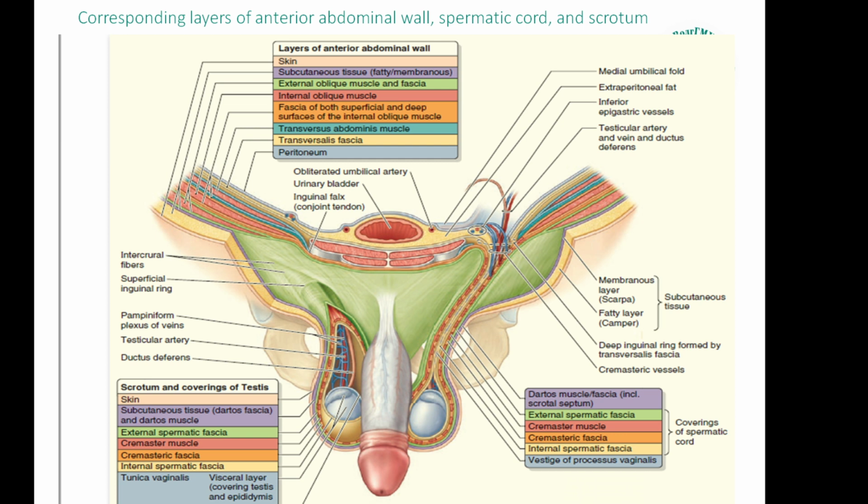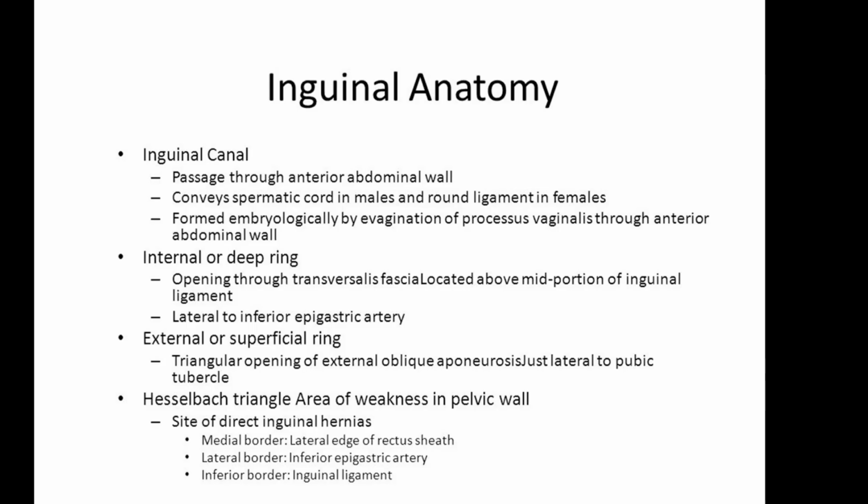Corresponding layers of the anterior abdominal wall, spermatic cord and scrotum. Look through carefully to determine all the layers and coverings of the spermatic cord and its relation with the elements of the inguinal canal, the walls of the inguinal canal.